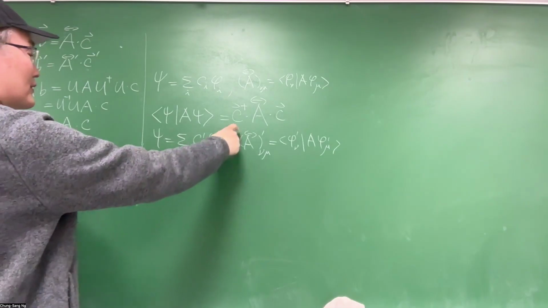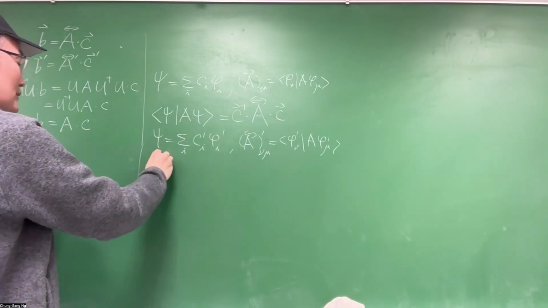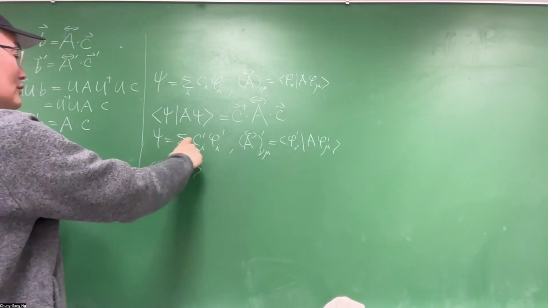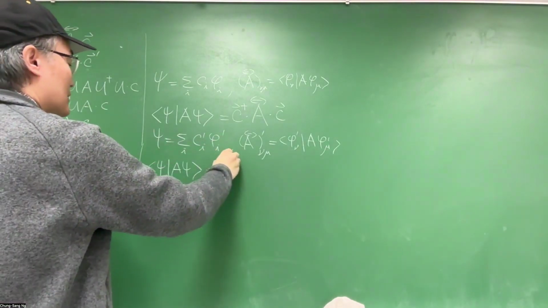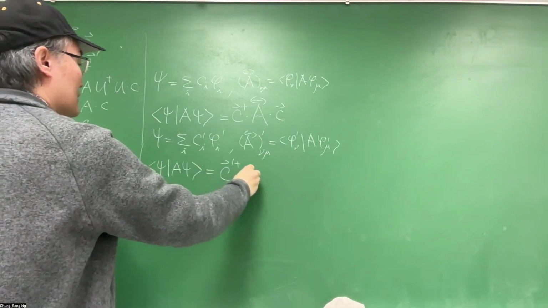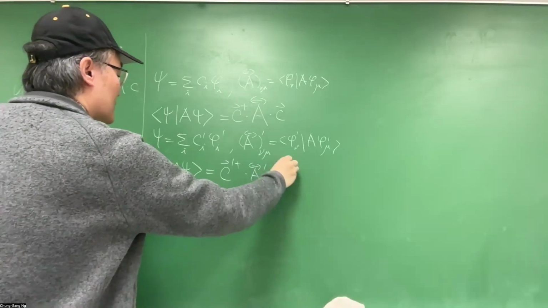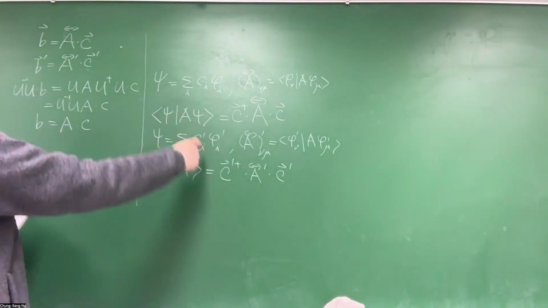So using this, obviously you calculate this expectation value using this new basis. Obviously it is C prime dagger dot A prime dot C prime, right? Just like what we did before.